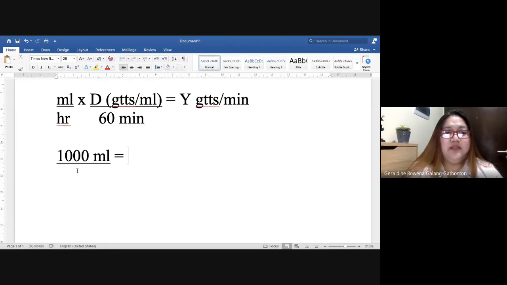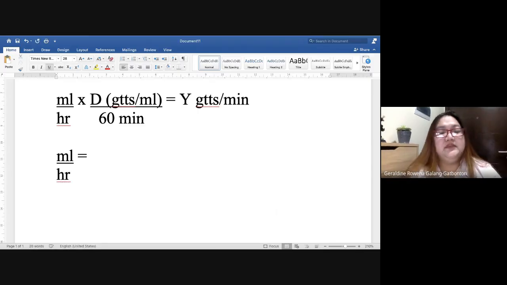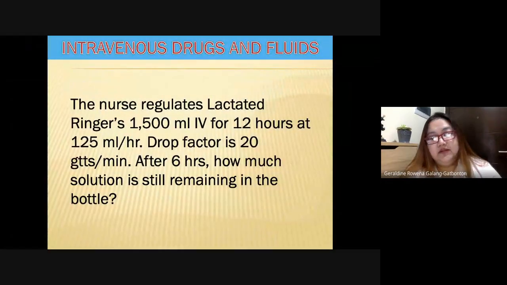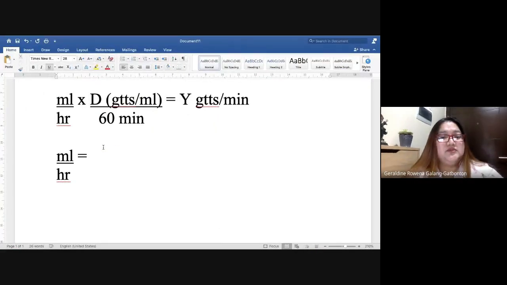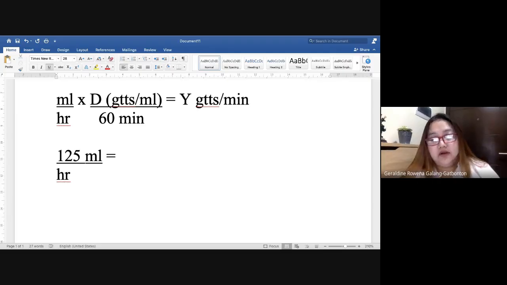So, yun lang ulit, yung ml per hour. It is already given, actually. 125 ml per hour. So, it's 125 ml per hour.